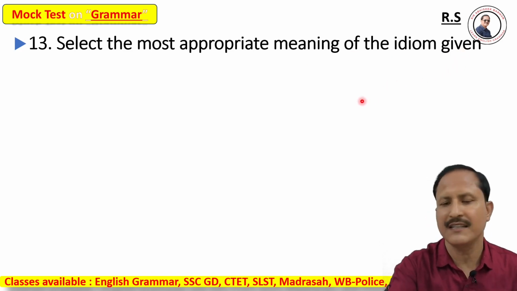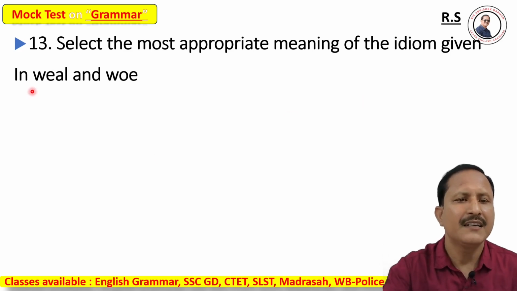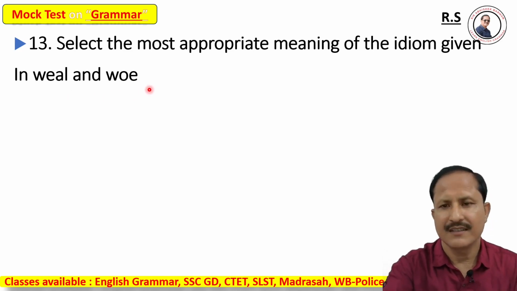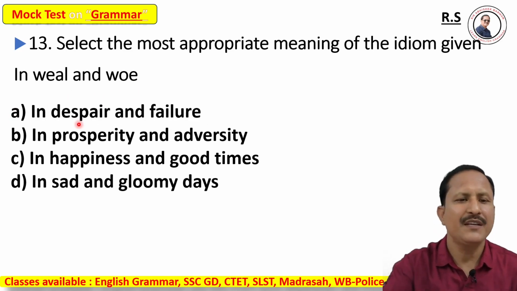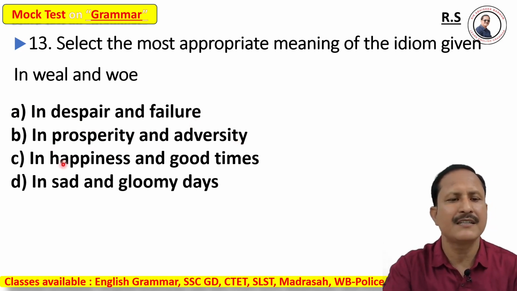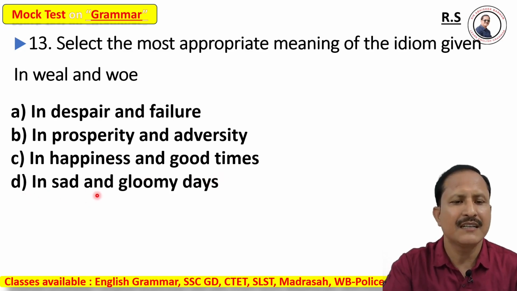Question number 13. Select the most appropriate meaning of the idiom given here. This is also another important topic. In well and out. Option A, in despair and failure. Option B, in prosperity and adversity. Option C, in happiness and good times. Option D, in sad and gloomy days.